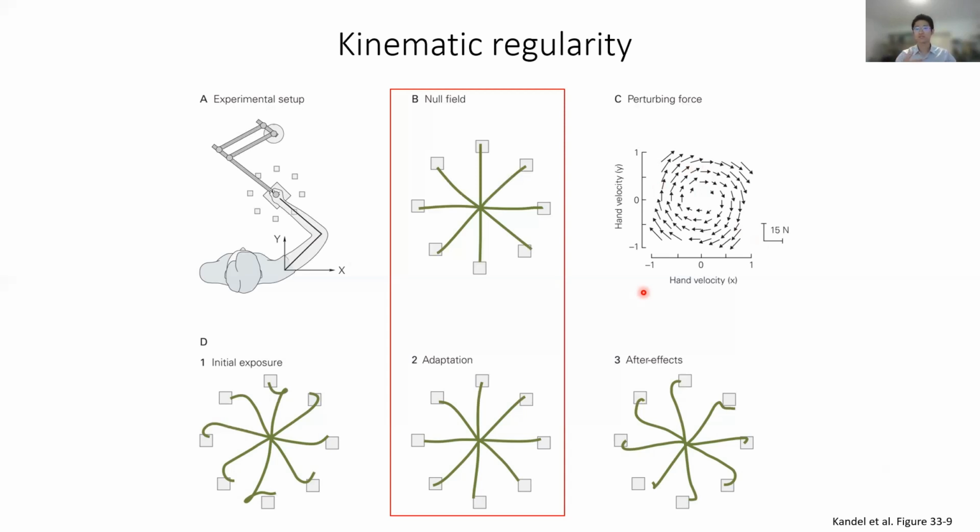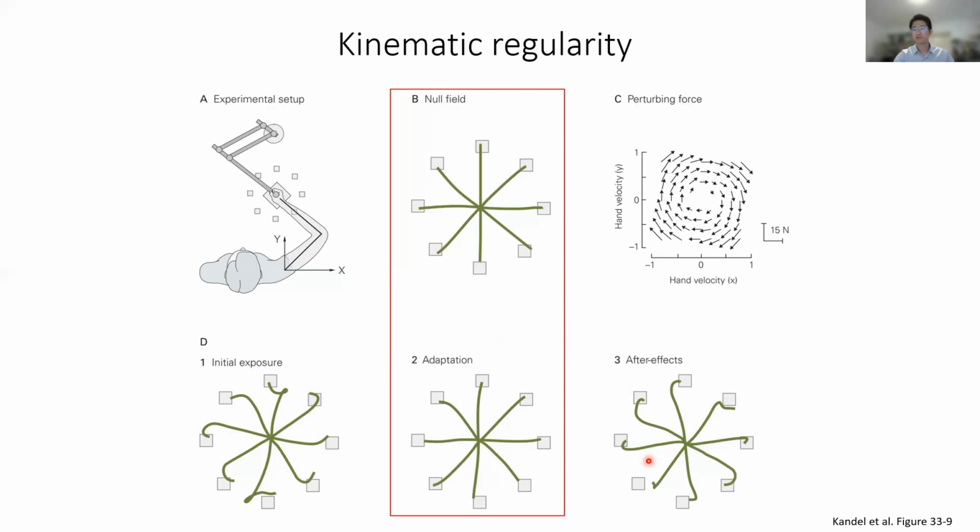So what we see is that after several trials, the subjects can learn to adapt to this force perturbation such that they can still arrive at the targets accurately. And interestingly, they move in a straight line. So after adaptation, compared with the null field, the kinematics becomes very similar to the null field. But this only happens after learning, or adaptation.